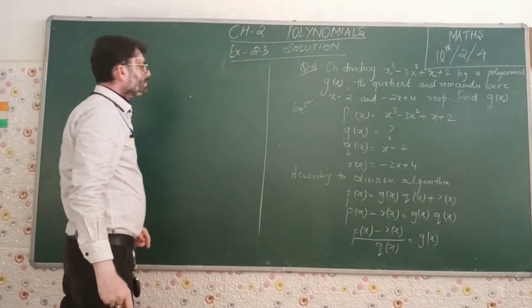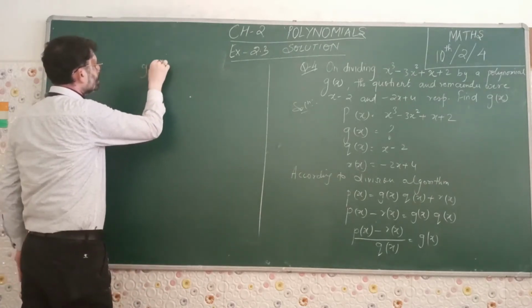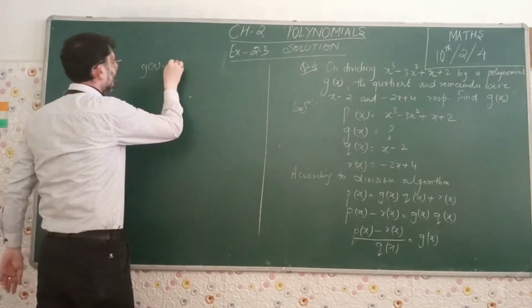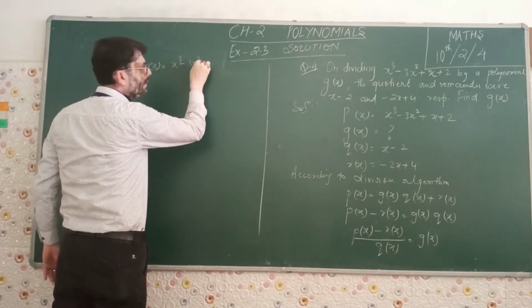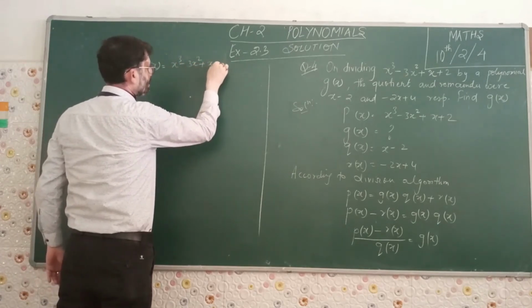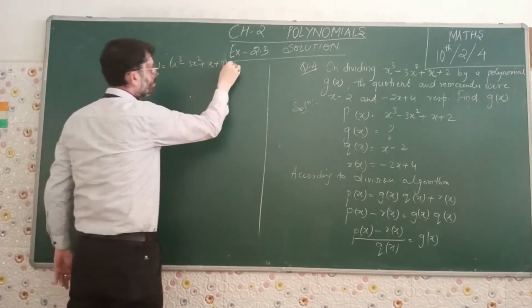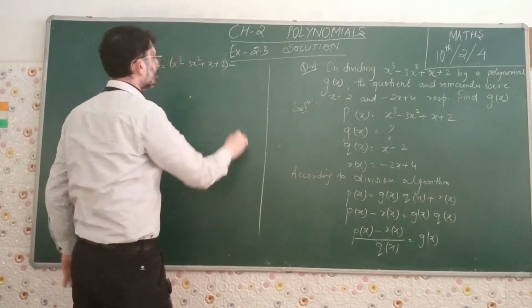Let us substitute the values of this. So we can write g of x is equal to, what is the value for p of x? That is x cube minus 3x square plus x plus 2. This was p of x minus r of x. What was r of x? Minus 2x plus 4.